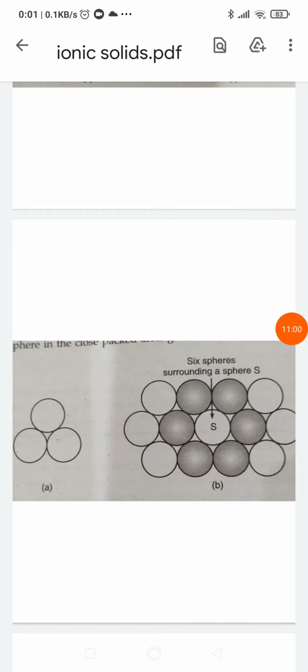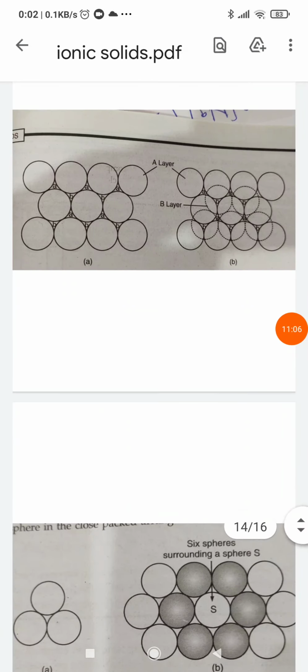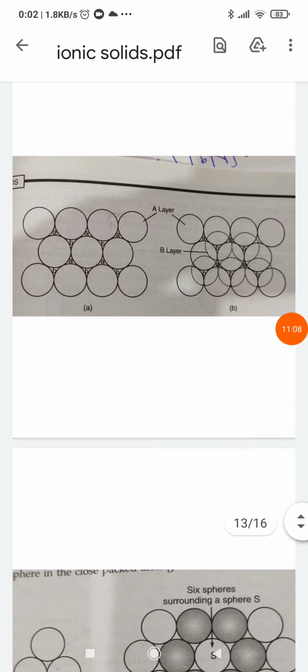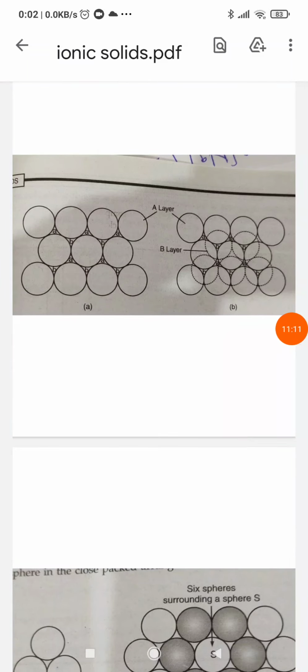Now, label these pairs in the first layer as A, and it is clear that there are 2 types of voids in the second layer, marked as A and B. All the hollows are equivalent, but the pairs of the second layer may be placed either on the hollows marked A or on the other set of hollows marked B. It is not possible to place pairs on both types of hollows.